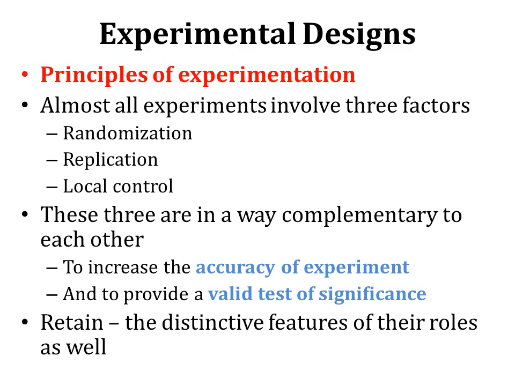They also retain the distinctive features of their own roles as well, right? So their roles are complementary to each other, as well as having their distinctive roles. These are the three basic principles of experimentation, and now we are going to see these principles one by one.